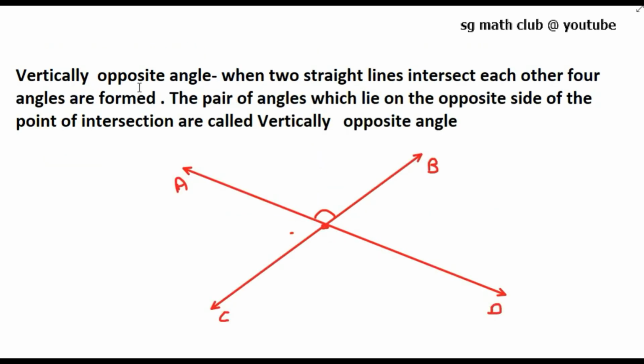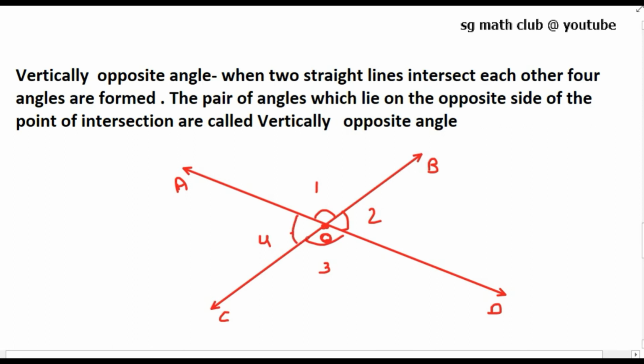Now next is vertically opposite angles. When two straight lines intersect each other, four angles are formed. The pair of angles which lie on the opposite side of the point of intersection are called vertically opposite angles. We can see two lines, one is AD, another is BC, and the point of intersection is O. Four angles are formed in total: angle AOB, angle BOD, angle COD, and angle AOC.